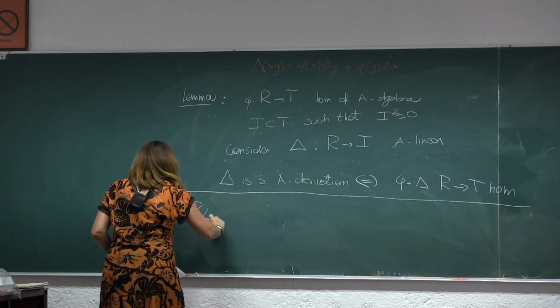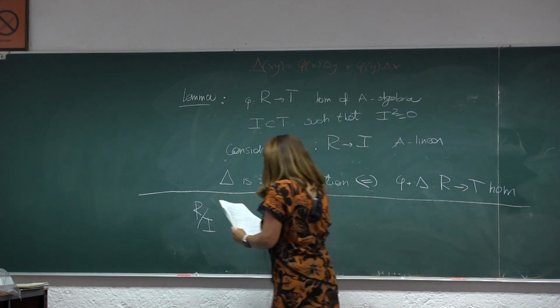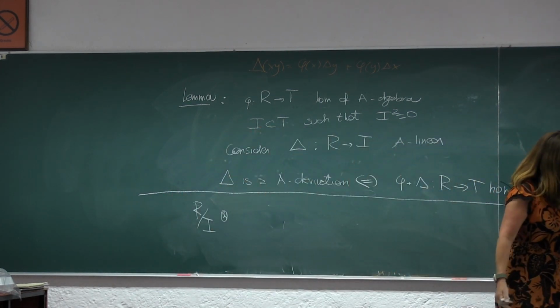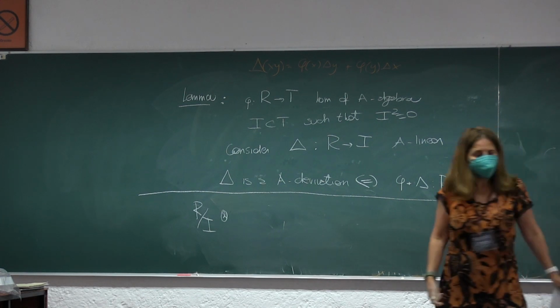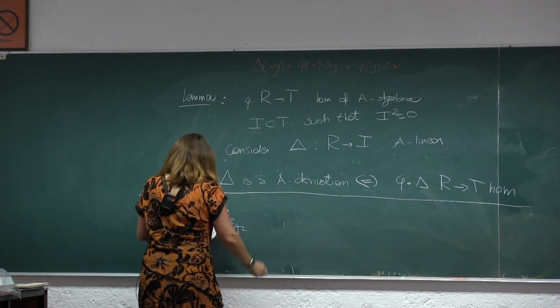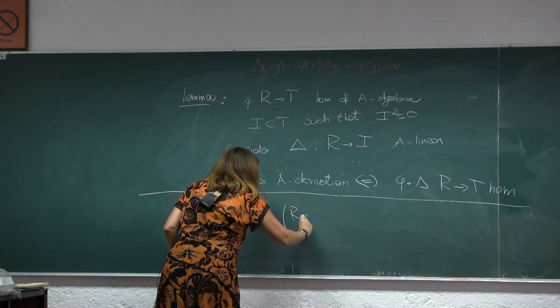I have to look at this one. This is R over I, remember? And instead of R, I want R over I square, because I want to make I square 0. So I look at this guy, omega A of R over I square.